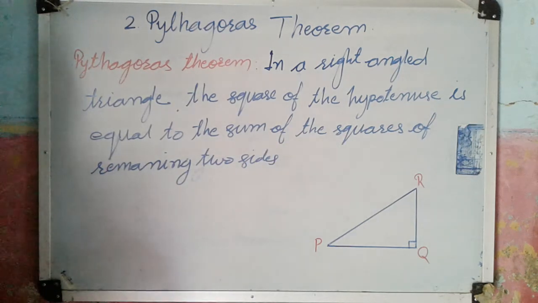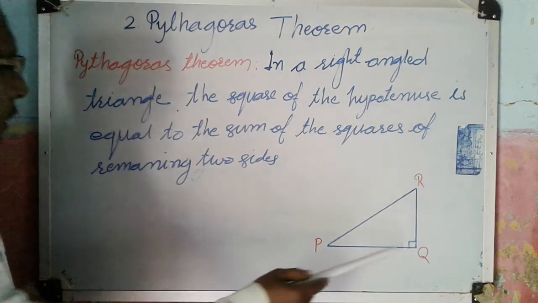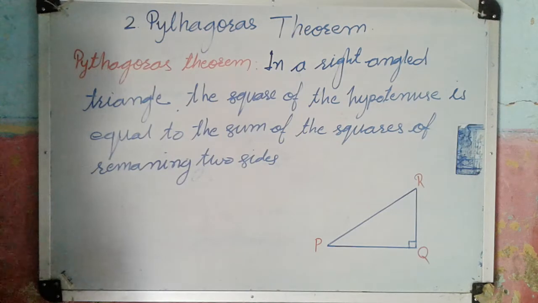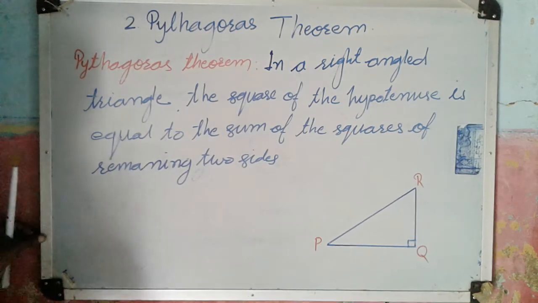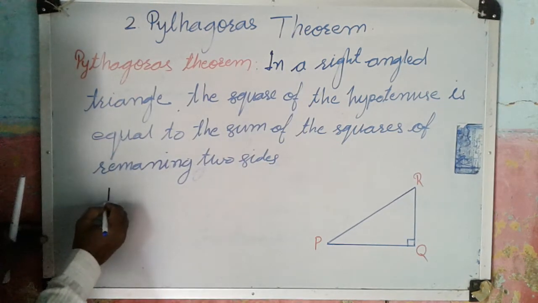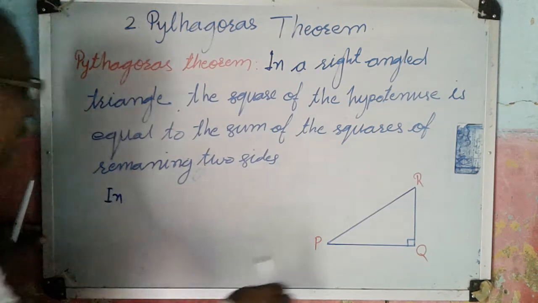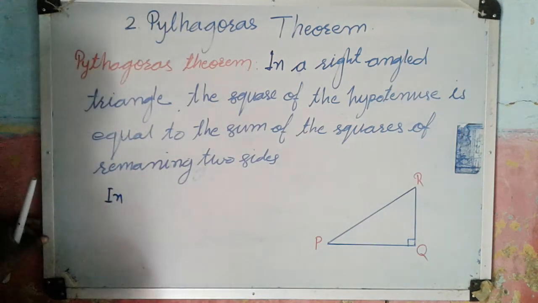Now see here in the figure, triangle PQR is a right angled triangle, and angle Q is 90 degree.